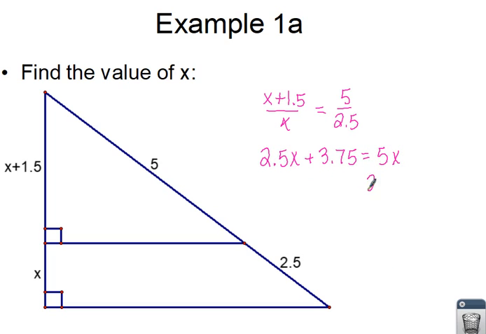So subtract 2.5x over. And then divide by 2.5. You get 1.5. Some of these you can figure out just by looking at them. Some of them you have to do a little math too. Just depends on what you're looking at.